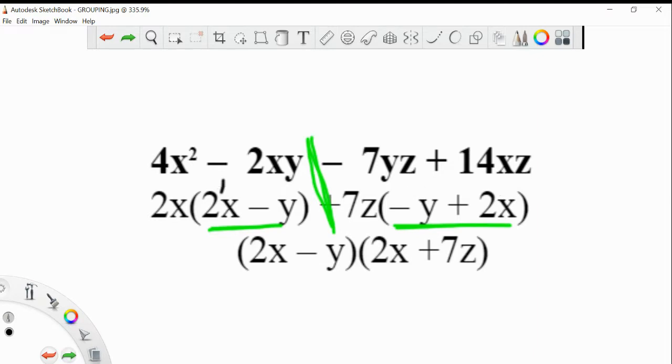They're just in different orders. And so these are actually still the same thing. Both of these things here are 2x minus y. And then the leftover stuff is where you get your other answer. 2x plus 7z, sorry, that's a z, and there we go.